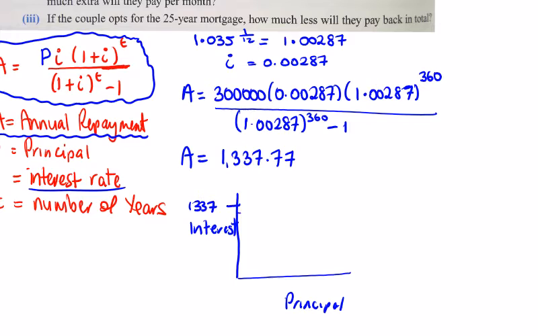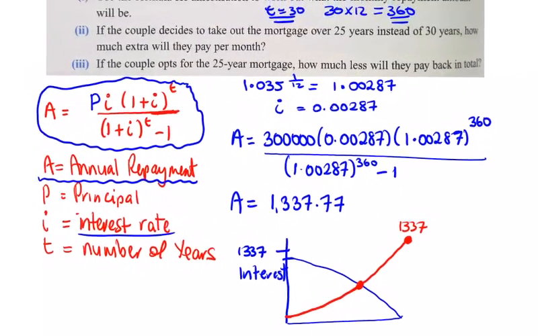The interest starts off just below the total and comes down like this, and the principal starts off so these two add up to 1337 at the beginning, and then at some point cross, and the principal finishes at 1337 when the interest is 0. So at some point the amount you pay back in principal becomes more than what you're paying back in interest, but at the beginning it's mainly interest for these mortgage questions. Okay, so that's how much they're going to pay back.